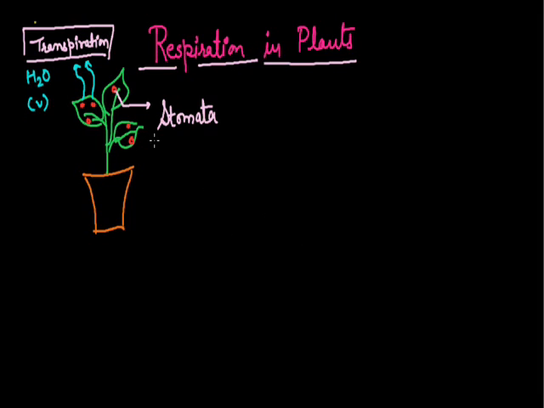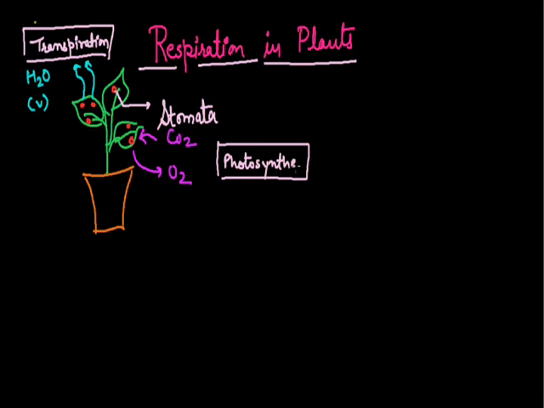The stomata are also involved in taking CO2 in and losing oxygen out. In that case, they utilize the CO2 for the food formation process, and this is called photosynthesis.